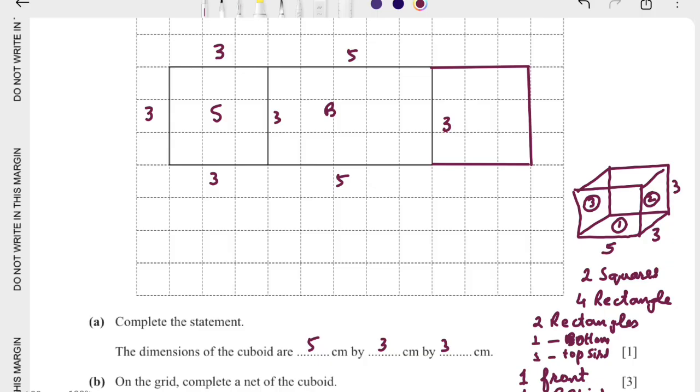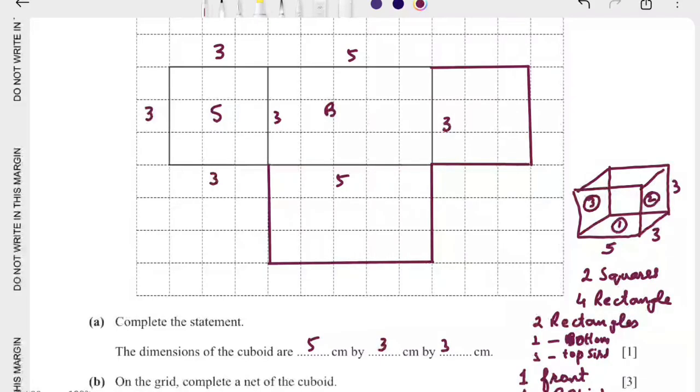As we have drawn 3 faces, now let us draw the front face, and that is 3 by 5. 1 2 3, 1 2 3, and 1 2 3 4 and 5.